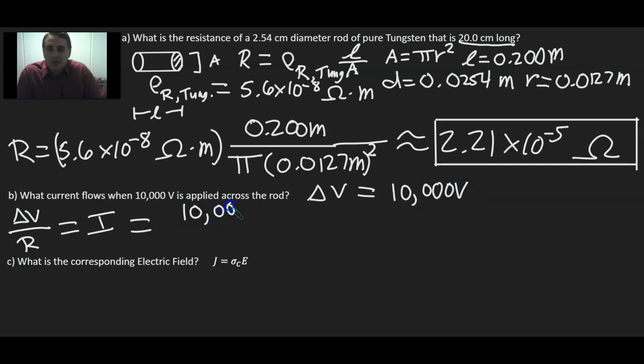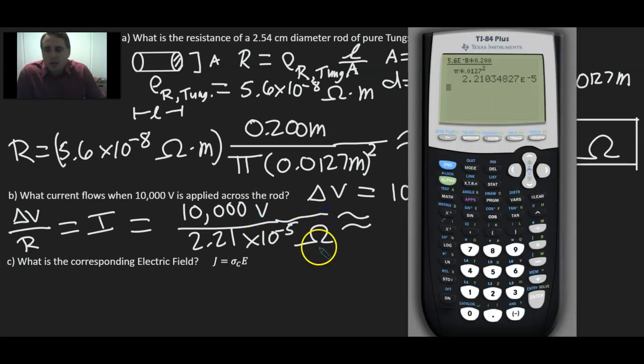10,000 volts divided by the resistance we just found, 2.21 times 10 to the minus fifth ohms. Okay, so let's get that value. Back to the calculator.